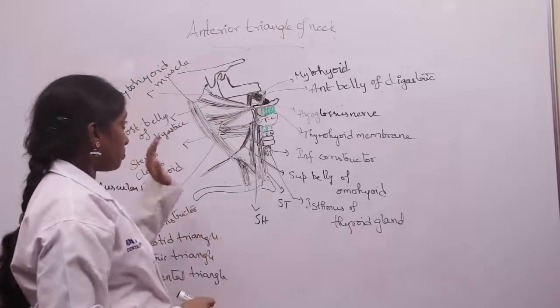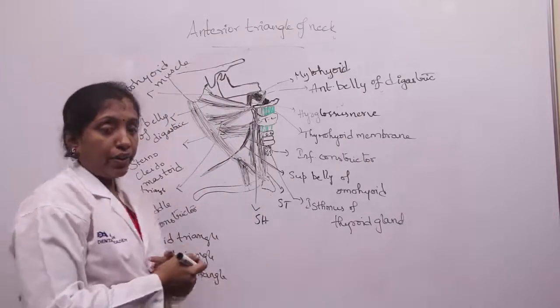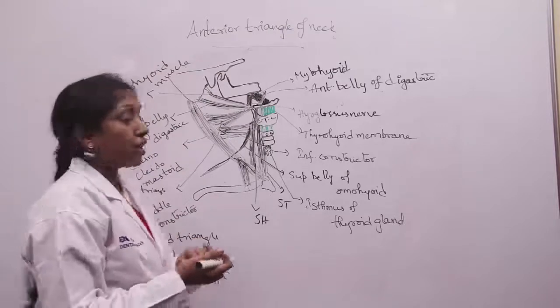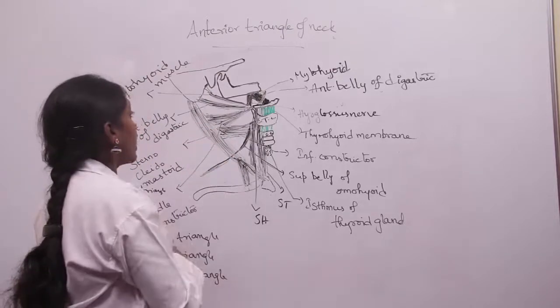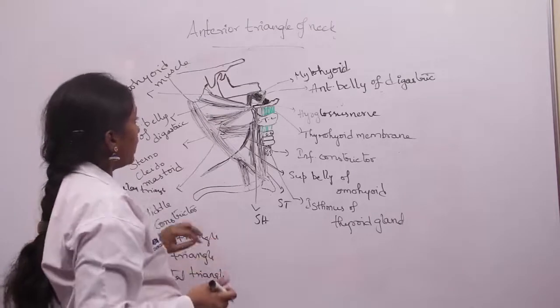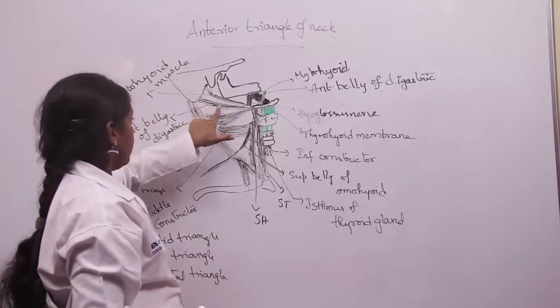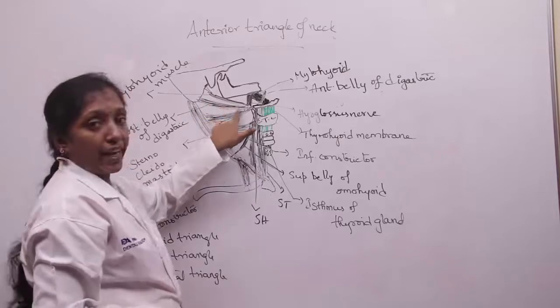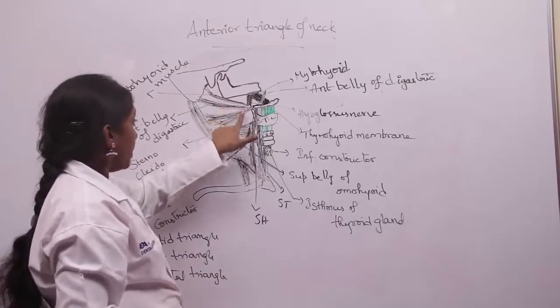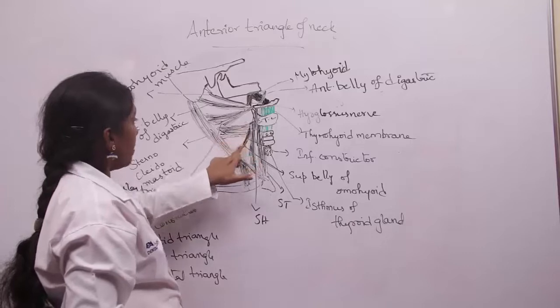And coming to the carotid triangle. Coming to the boundaries of the carotid triangle, in front and above it is formed by stylohyoid and the posterior belly of digastric. In front and below it is formed by the superior belly of omohyoid.